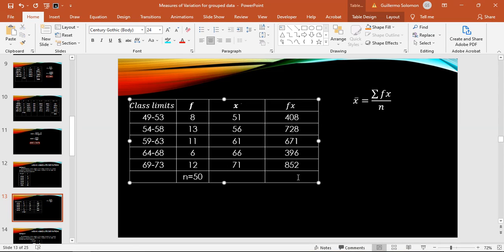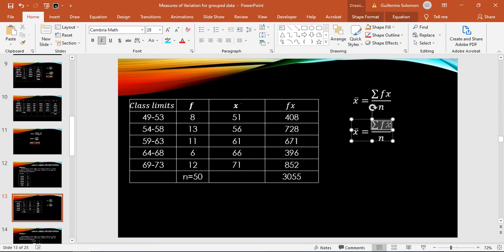Okay, and now we can substitute to our formula for getting the mean for group data. Okay, so 3,055 all over 50.